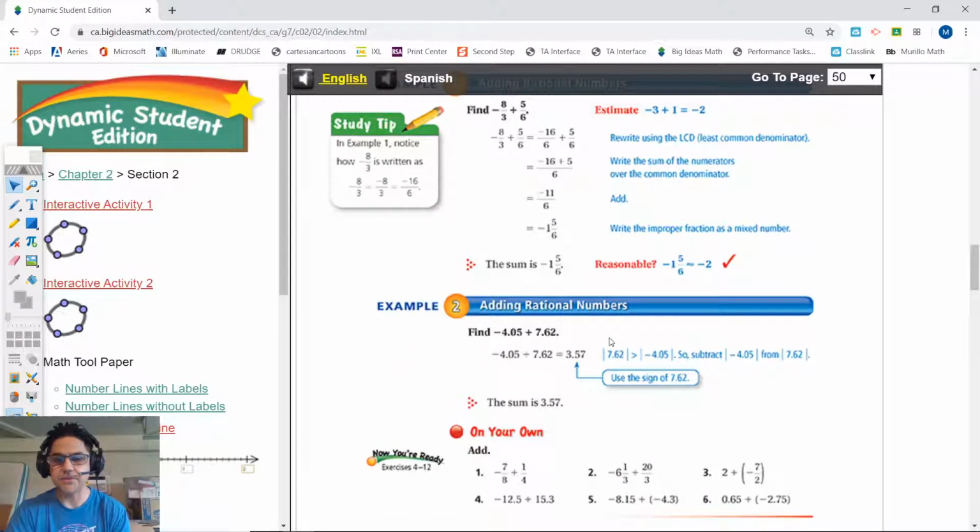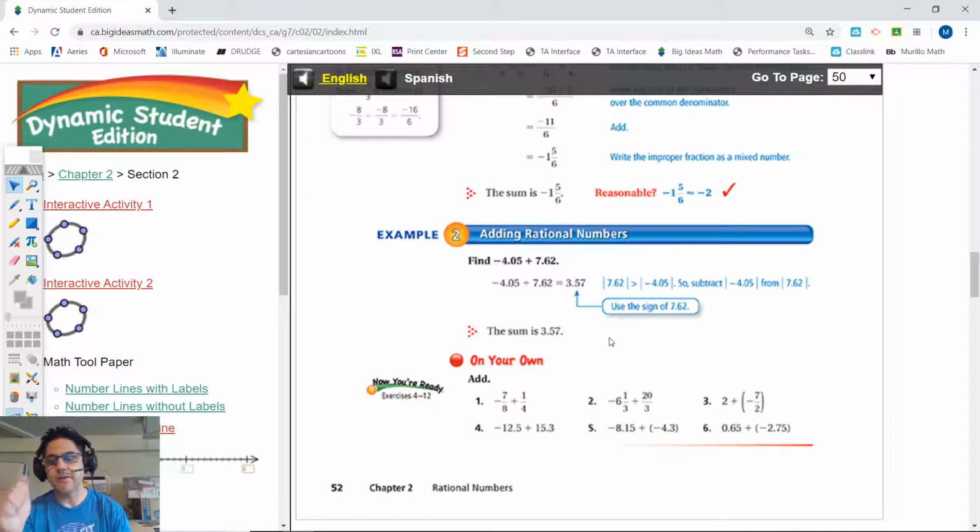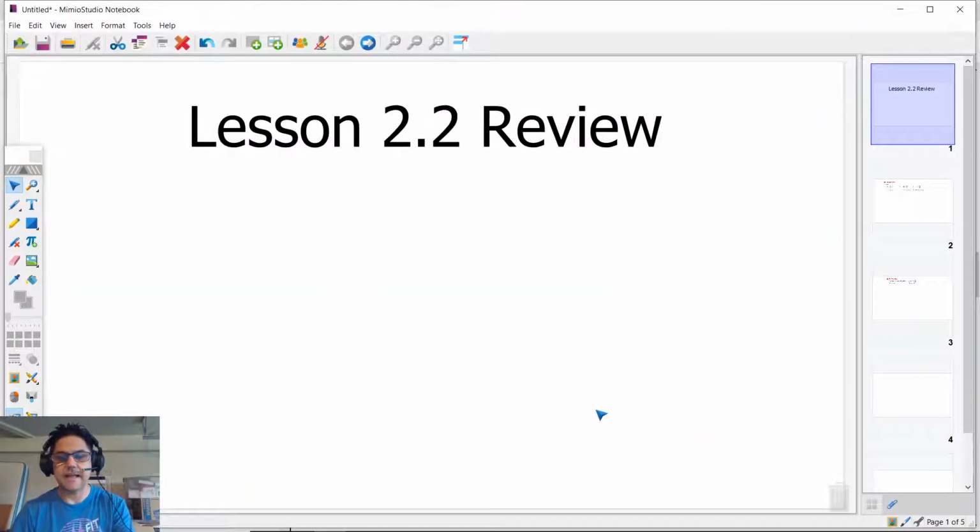With your decimals, it's pretty much the exact same thing. Remember the rules. Same sign, add them, keep the sign; different signs, subtract, and take the sign of the greater absolute value. And that's what it's talking about right here. So I'm going to do a few quick problems to help you out, and we're going to go ahead and switch to that.